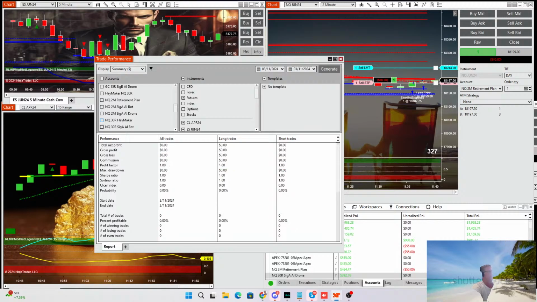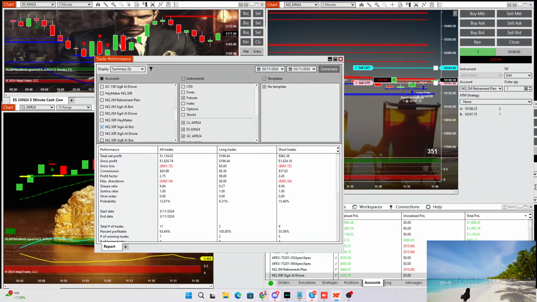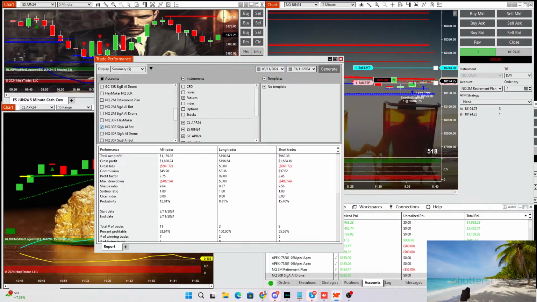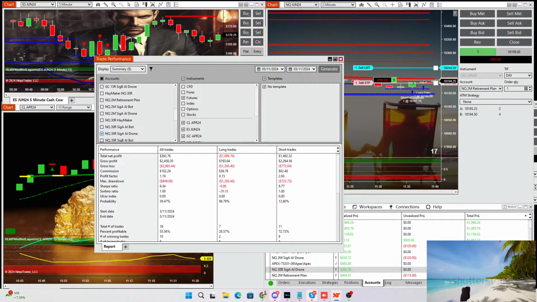And we have the 30 range AI bot. It was up $1,159. The 30 range AI drone up $392. So the drone that gave the data to the AI bot to adjust its stop and profit targets really outperformed the drone by a big margin.